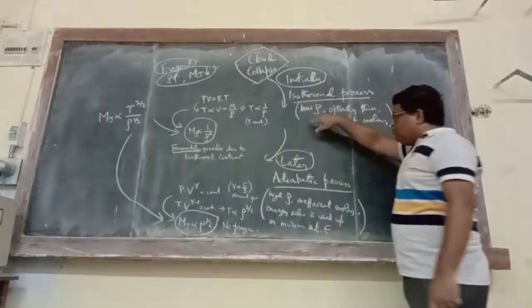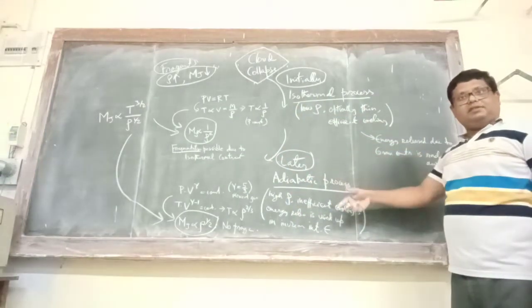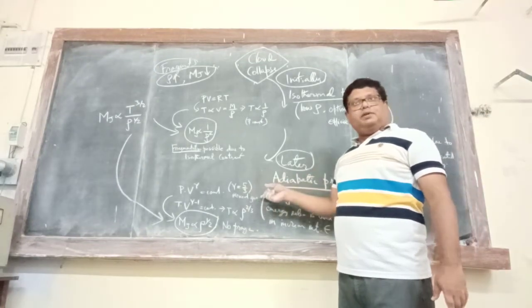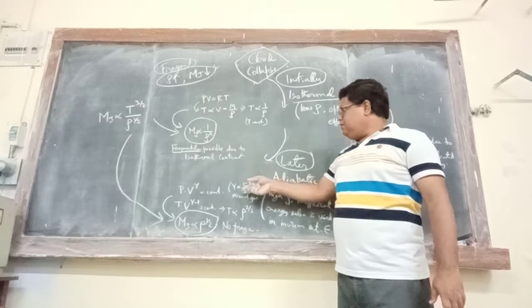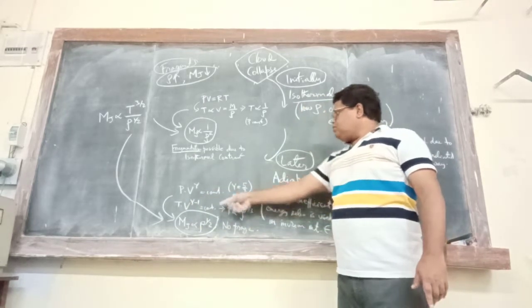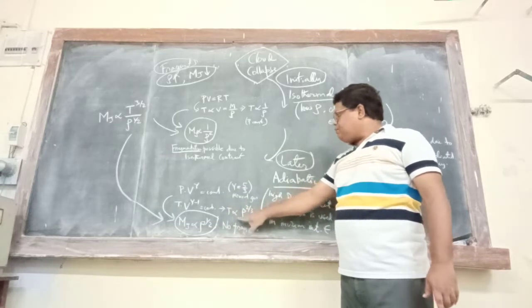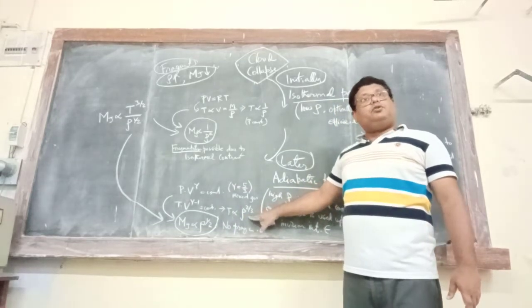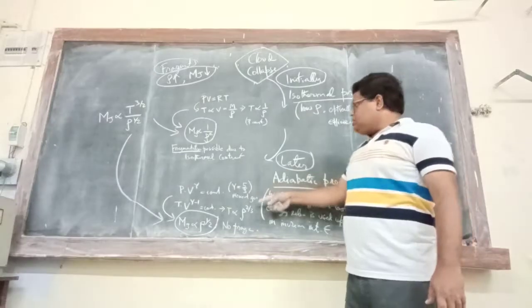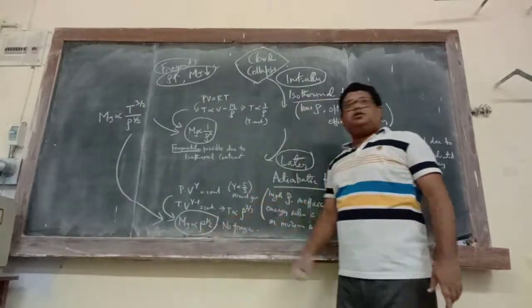Now later on, we have the adiabatic process, as I was saying. What happens in this case? Let us consider a monoatomic gas, so gamma equal to 5 by 3, and we have this relation T into V to the power gamma minus 1 is constant. So from here I get T proportional to rho to the power 2 by 3 after putting the value of gamma equal to 5 by 3. So this means that Mj is proportional to density.